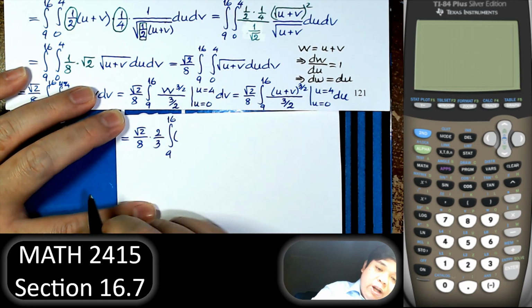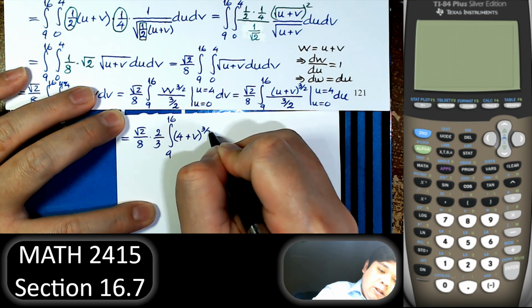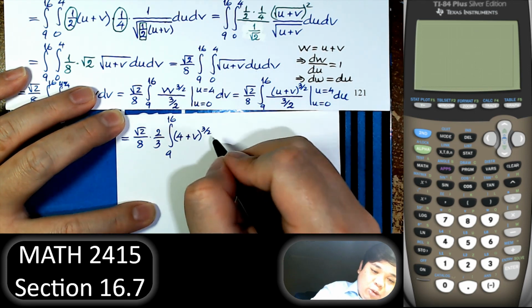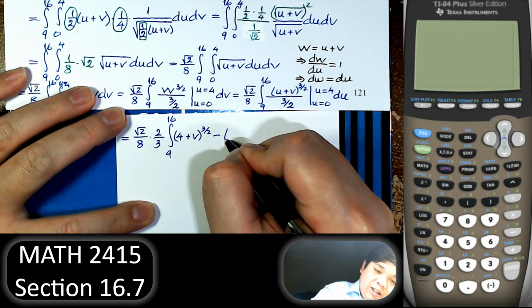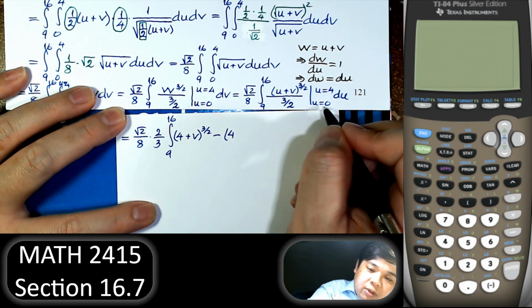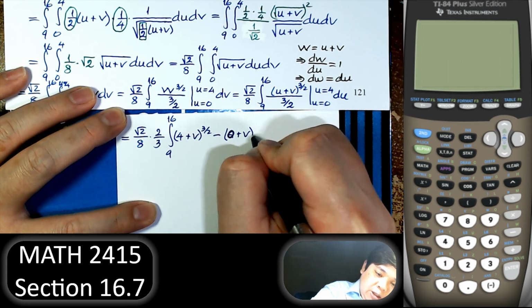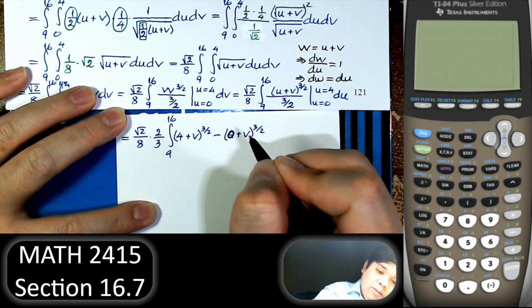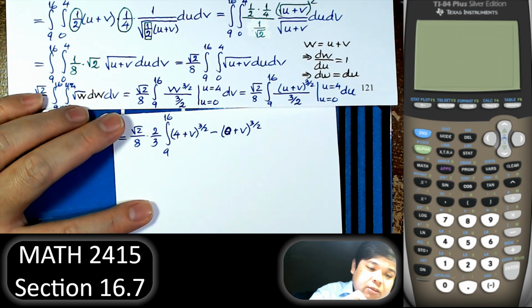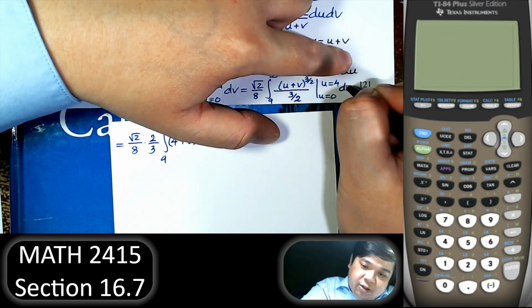Then we're going to put 4 in here. And then we put 0 in here. Zero in for u. v on the outside.